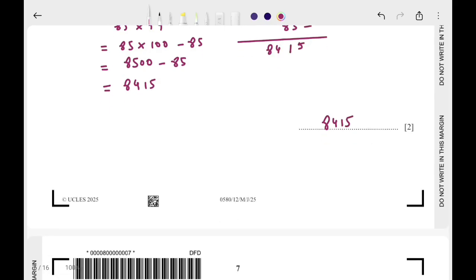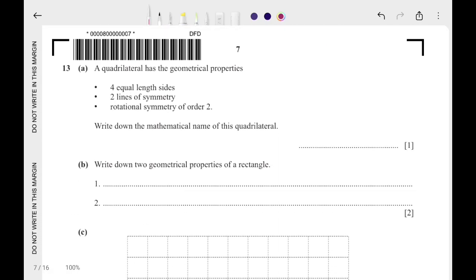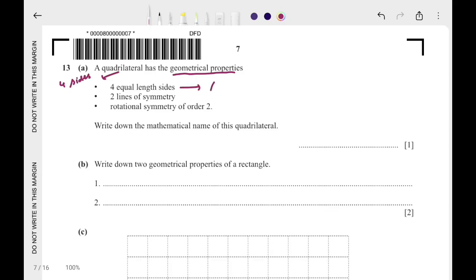Next question. A quadrilateral means 4 sides, and has geometrical properties: 4 equal lengths. Definitely it can be a square or a rhombus.